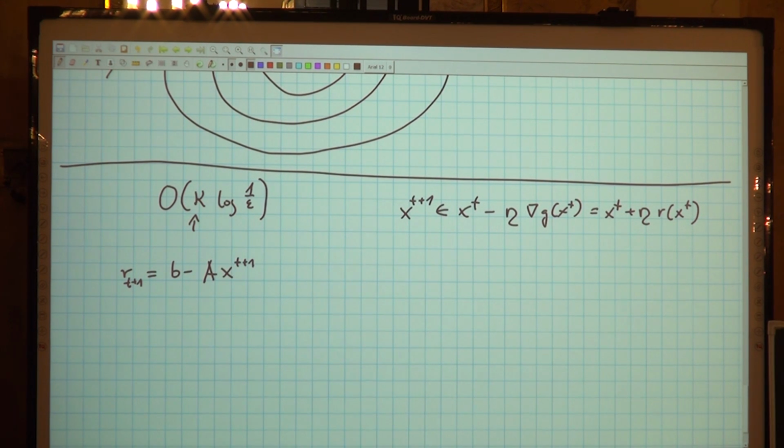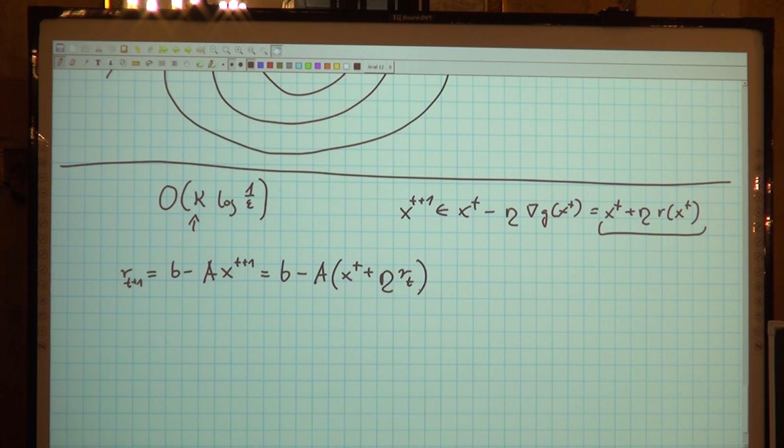That's just the definition. So let's write it out. It's just b minus A, and I plug in the definition from here, so I plug in x_t plus eta r, and this is essentially r of t.